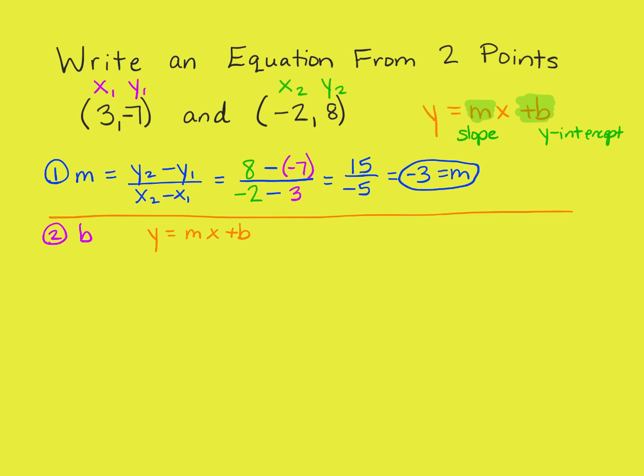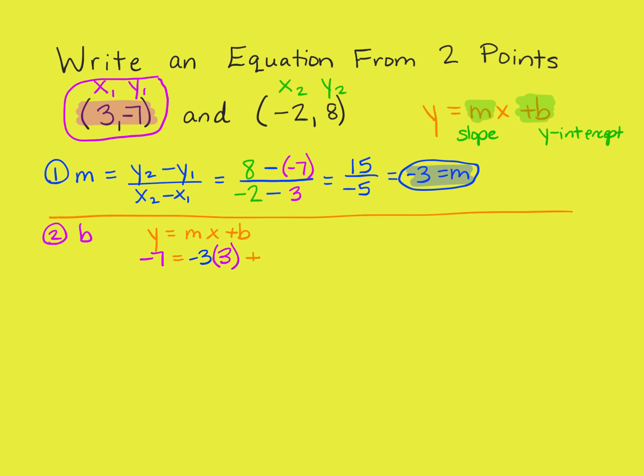I think I will pick this first ordered pair for x and y. I've already got m, and so I'm going to use this ordered pair for x and y. Here's m, and I just start plugging them into my equation. So y is negative 7 equal m is negative 3 times x, which is positive 3.